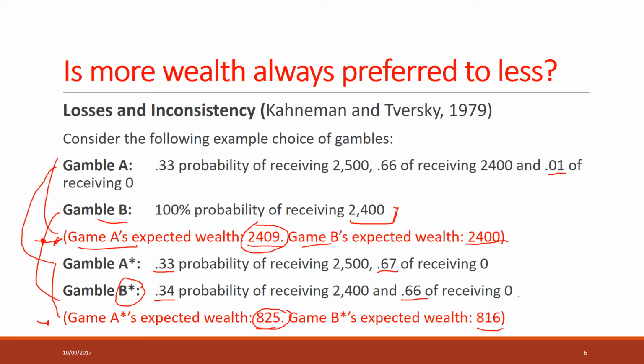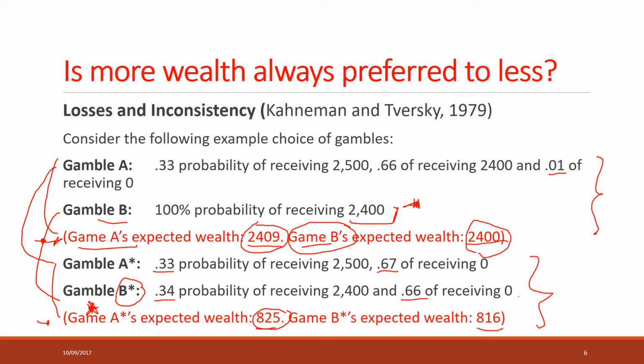Now, what did the two psychologists find? They actually found that for the first set of options, so when we look at this experiment here, people actually prefer gamble B, right? So people pick gamble B more than gamble A. In contrast, for the second set of options, people pick gamble A star, right?